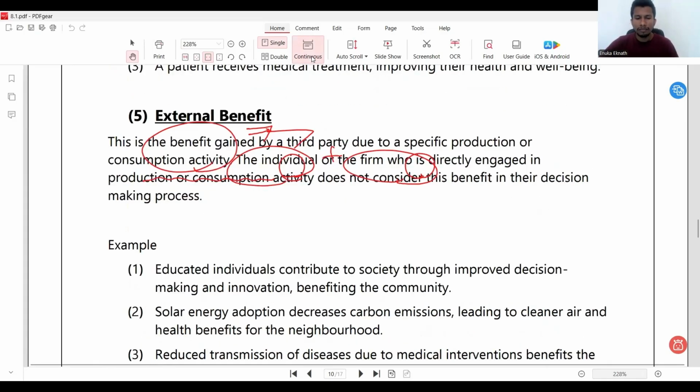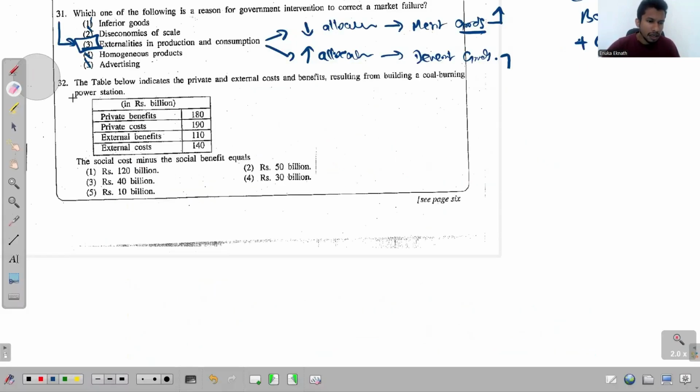Right. If so, what's the requirement of this question? That is to calculate the social cost minus the social benefit. Very, very easy. There's nothing to discuss even. But let me quickly show you how to calculate the difference between social cost and the social benefit.